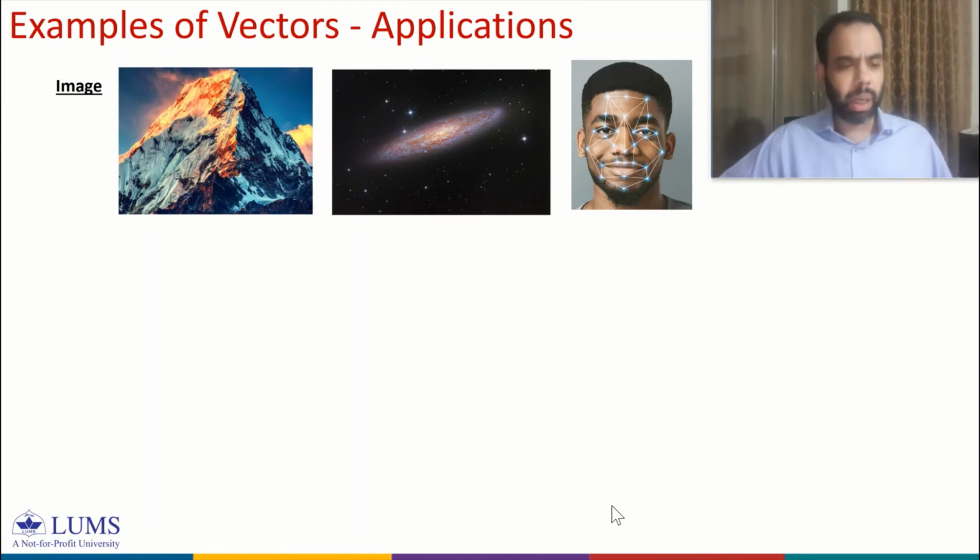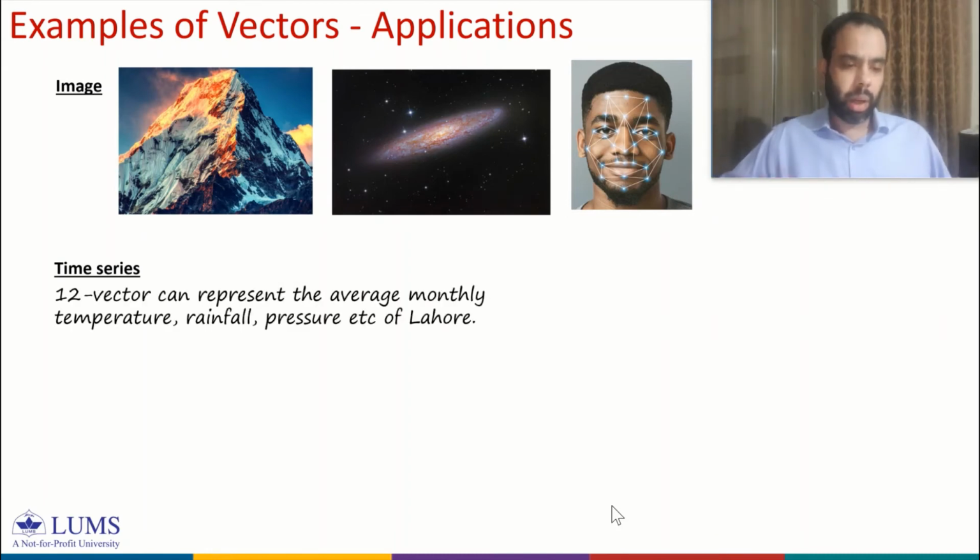Another example would be time series. So let me comment on this word time series. A time series represents any quantity, data, or signal that varies over time. An example could be a 12-vector can represent the average monthly temperature or rainfall or pressure, say, of any city.